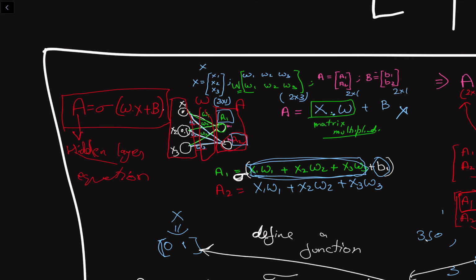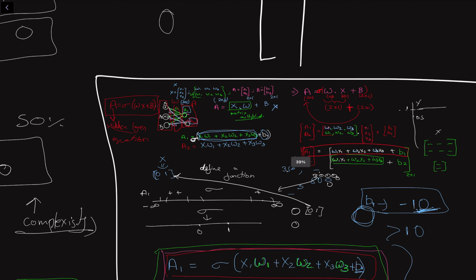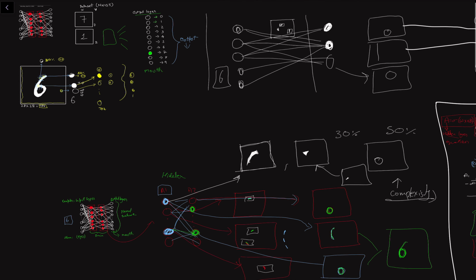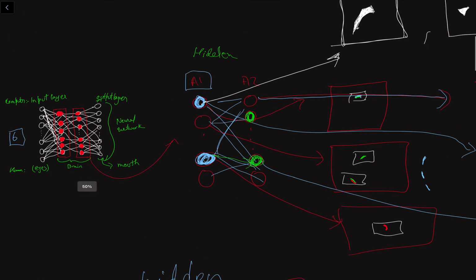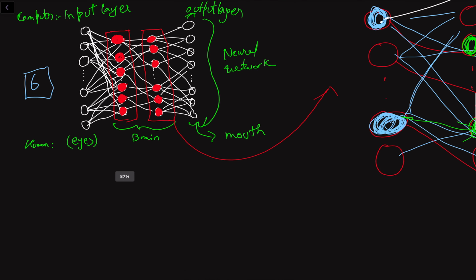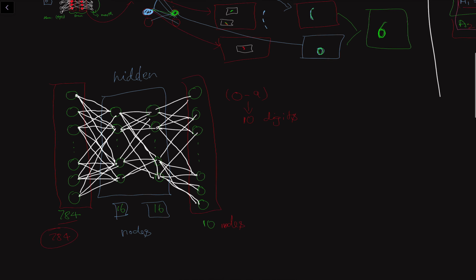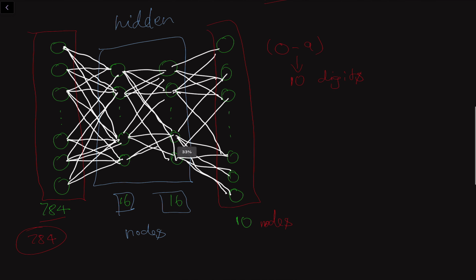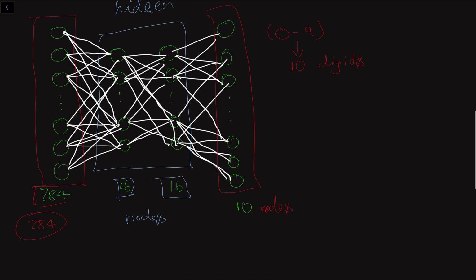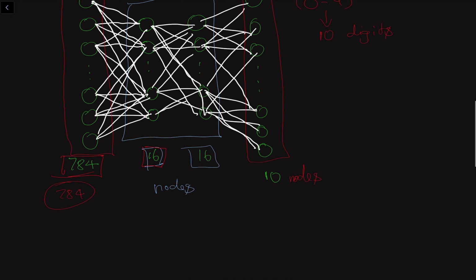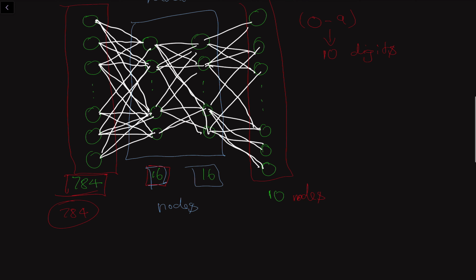Okay, so similarly for our actual neural network, let's come right here. This is our actual network. This one right here has the sizes, how many nodes we have. So we can put this as x, and we can give the dimensions as 784, comma 1.